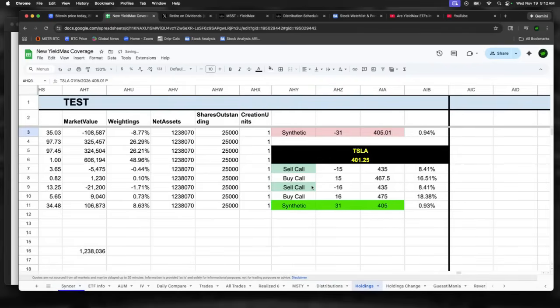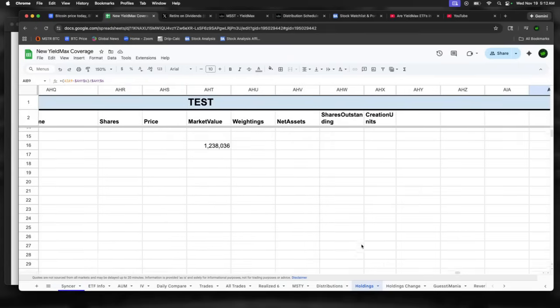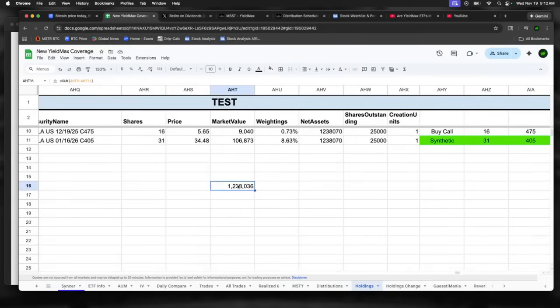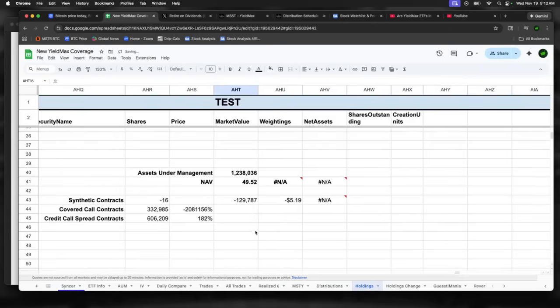So what are they doing? I forgot to cover the bottom, I'll get into that in a second. Tesla's priced at 401, synthetic at 405. Okay, close enough. And then their covered calls are 8% and 8% out of the money for November and December. I think Tesla did have a jump yesterday.